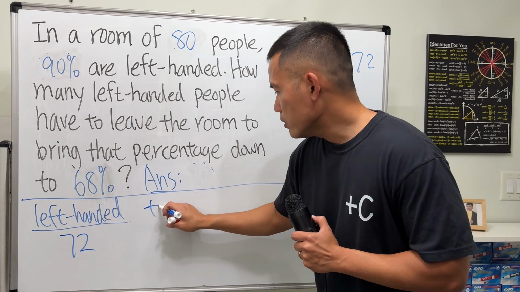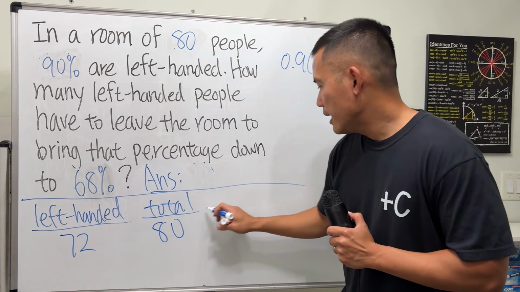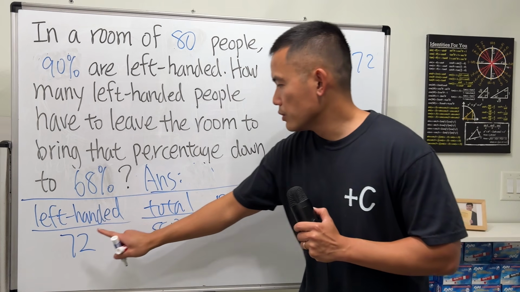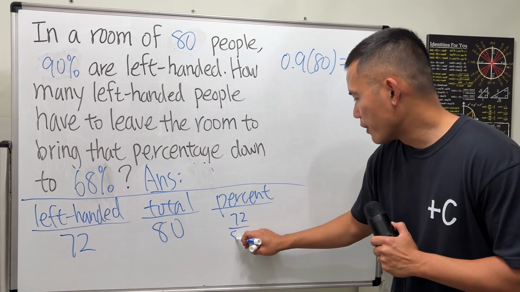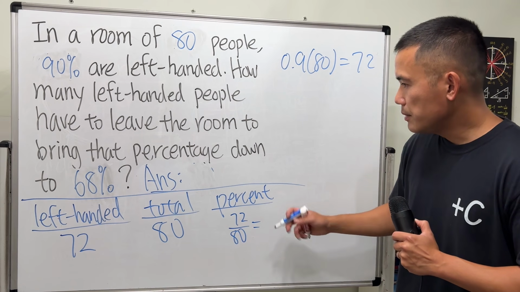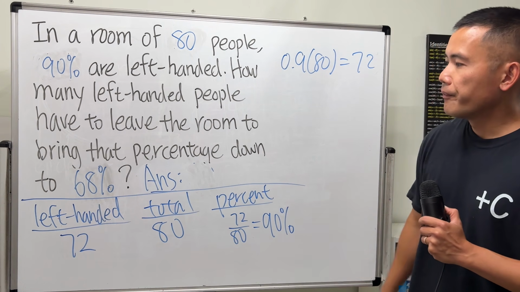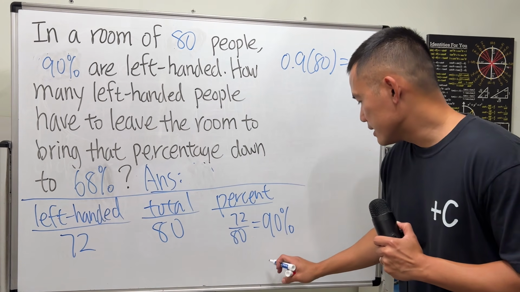And then the total is 80. And the percent, of course, you just do the left-handed people divided by the total, 72 over 80. That gives us 90%, like this. And now the goal is to try to get to 68%.